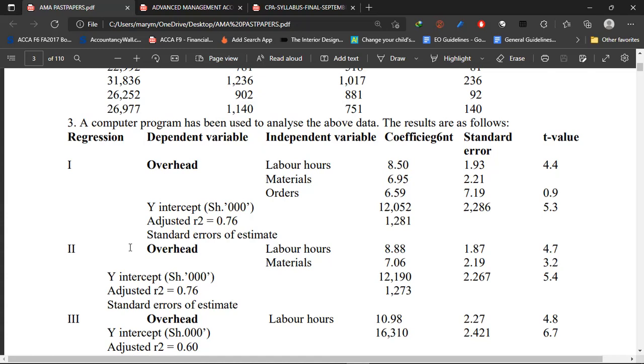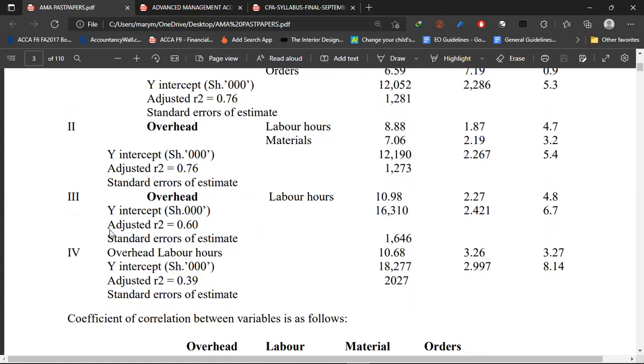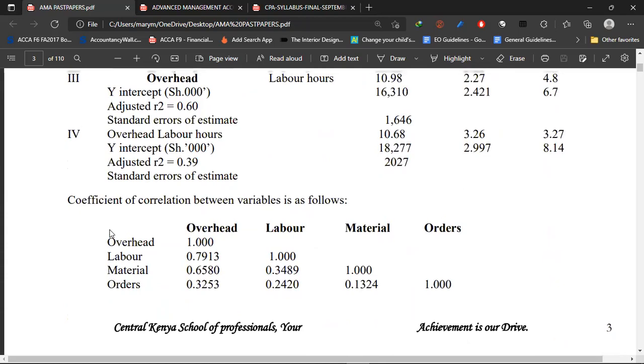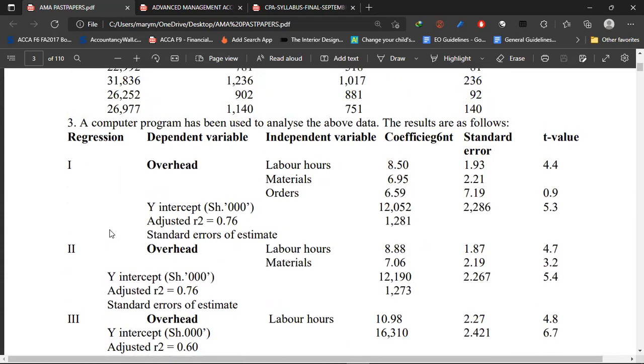Then we have been told very clearly that we have 4 equations. Because the regressions are 4, it means we have 4 equations. We are going to interpret them: how reliable are they for decision making? So we have equation 1, equation 2, equation 3, equation 4. When you look at all the equations on the side of the independent variables, the first equation is efficient because it has factored in all the 3.